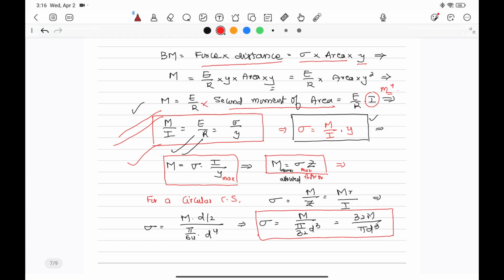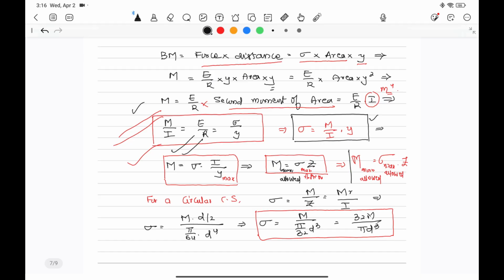Then the maximum allowed bending moment is equal to sigma maximum bending stress into Z. That implies M maximum allowed is equal to, please understand this, sigma maximum allowed from the codes into Z. What is Z?